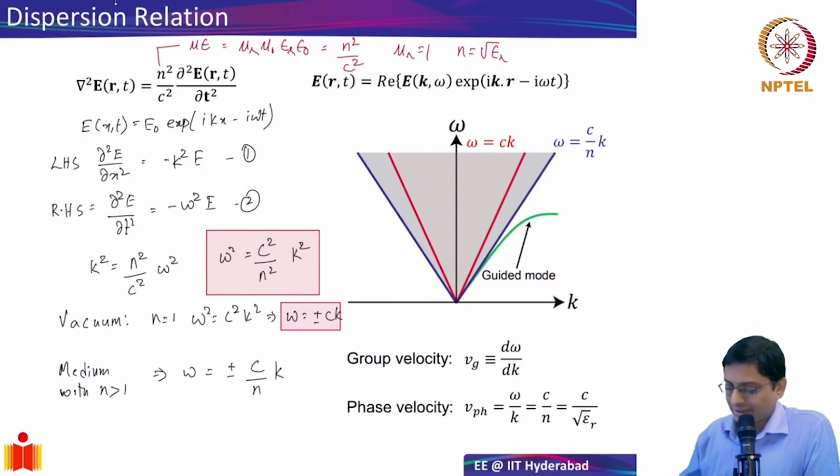From the picture, if you look at this graph, you might be tempted to think that the frequency is a function of the wave vector. You change the wave vector k and the frequency changes. Is that something that makes sense?